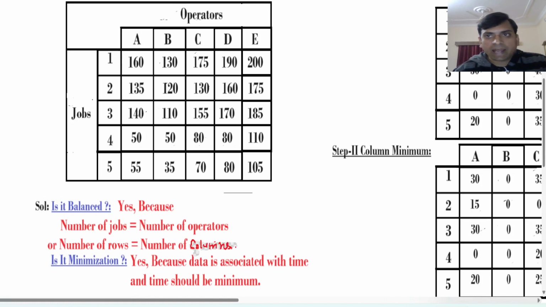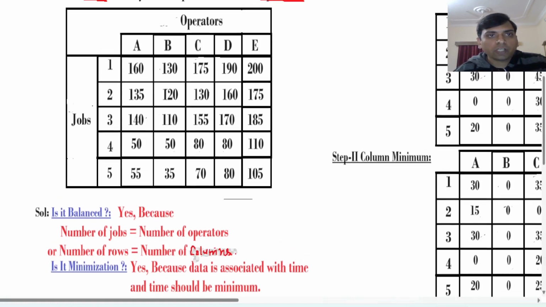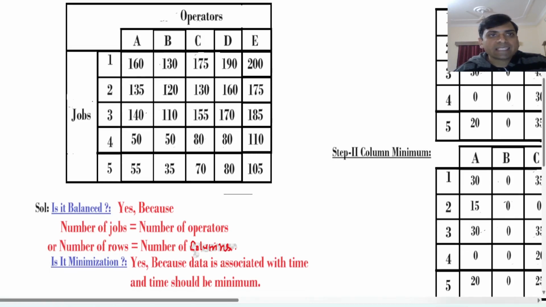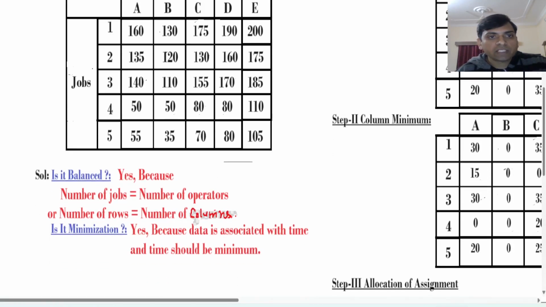So the problem is balanced. Now the second point, is it minimization or not. As this problem is of time and time should be minimum, this problem is of minimization. So your answer is yes.